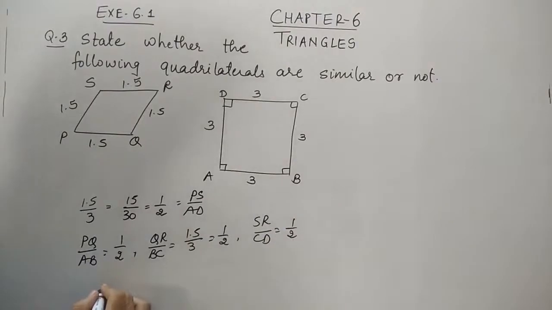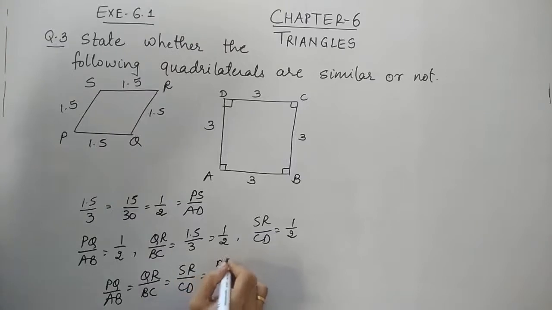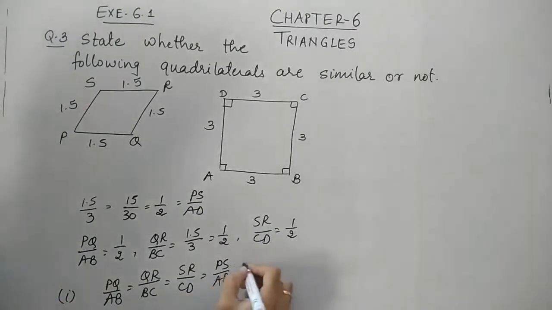So here we can say that PQ upon AB is same as QR upon BC, is same as SR upon CD, is same as PS upon AD. So this fulfills the first condition, that all the sides are in the same ratio. हर एक sides के ratio same है.